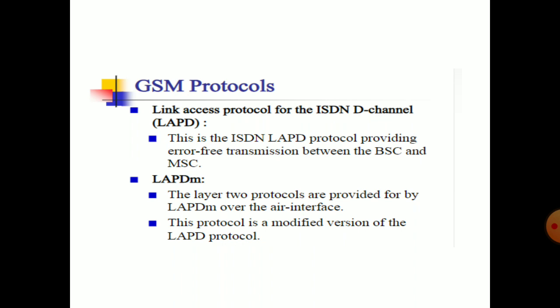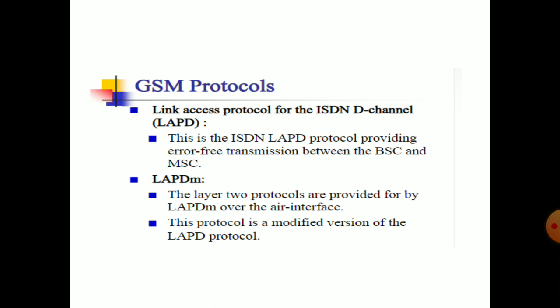One more protocol we are using is the link access protocol for the ISDN D channel, that is the LAPD, and the link access protocol Dm interface. First, the ISDN LAPD protocol provides error-free transmission between the BSC and the MSC.